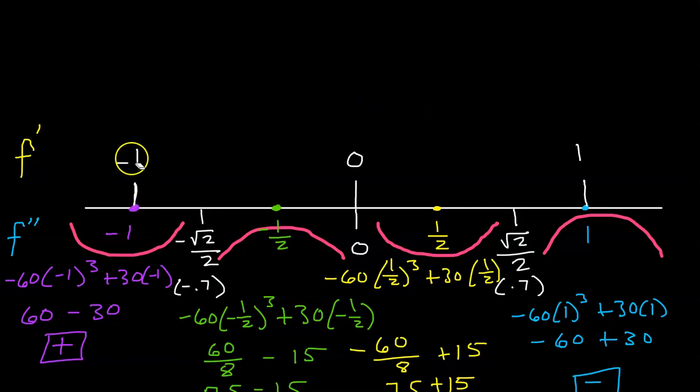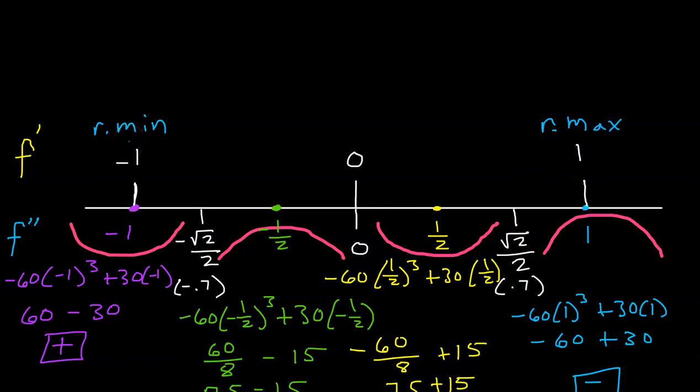However, at negative 1, the function is concave up. That tells us that we're going to have a relative min right here. At positive 1, the very fact that the function is concave down in that interval tells us that we're going to have a relative max right here.